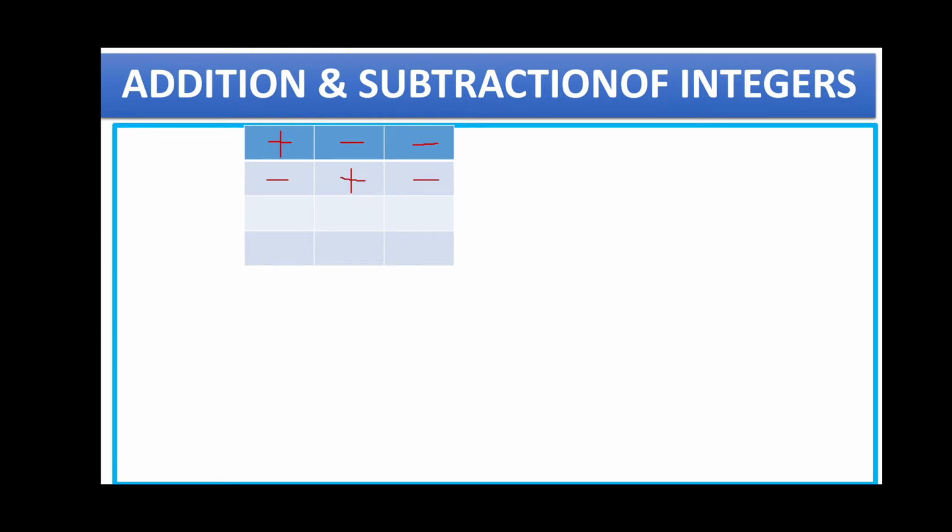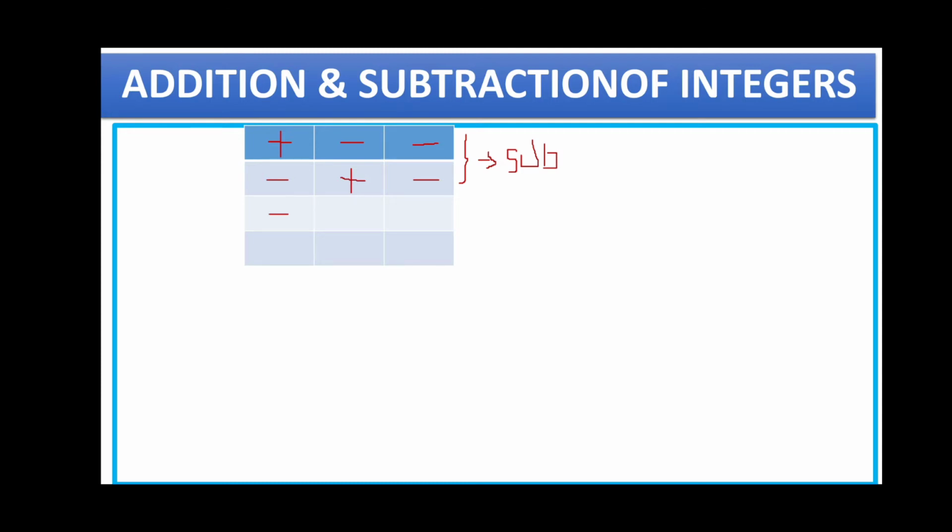If we observe, if the integers have different signs, we always have to go for subtraction. If you know these rules, it will be very easy for you to do addition and subtraction of any integers of 3 digits or 4 digits or 5 digits.